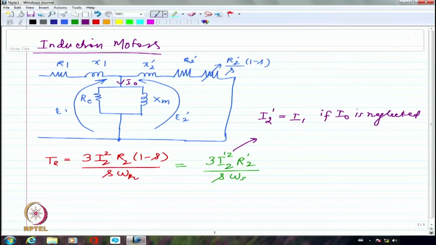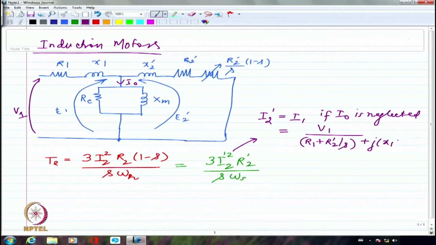So I am applying a voltage of V1 here. When I write the entire expression with respect to V1 per phase, I can write I2, we wrote it as V1 divided by R1 plus R2 dash by s plus j times (X1 plus X2 dash). This is what we wrote. From which we could get the overall expression for the torque.